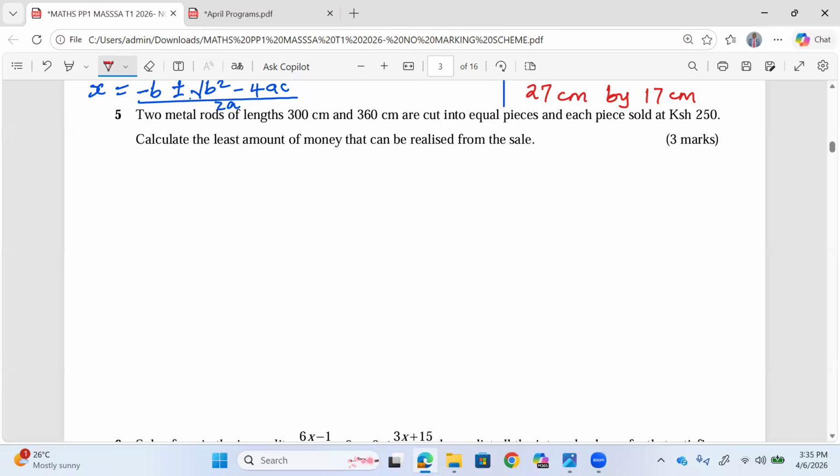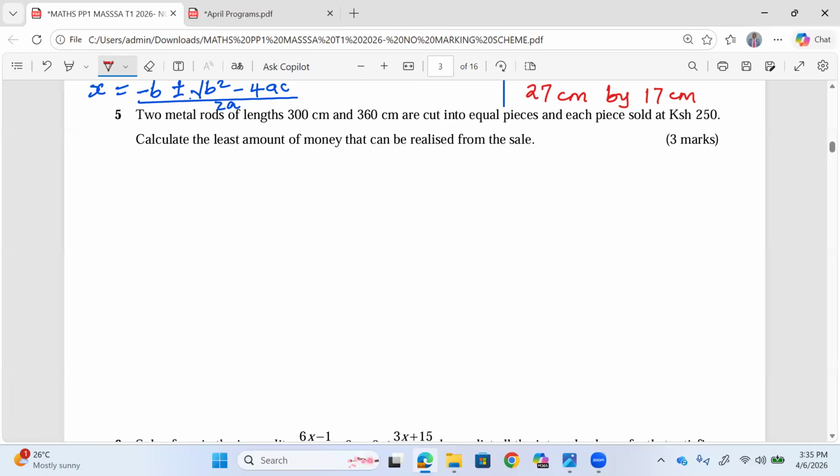One thing that you're supposed to know is that these rods are going to be divided into equal pieces. So there is a certain length which can divide fully 300 and also divide 360. That particular common length into which they can be divided should be the greatest possible divisor of the two, the GCD, greatest common divisor.